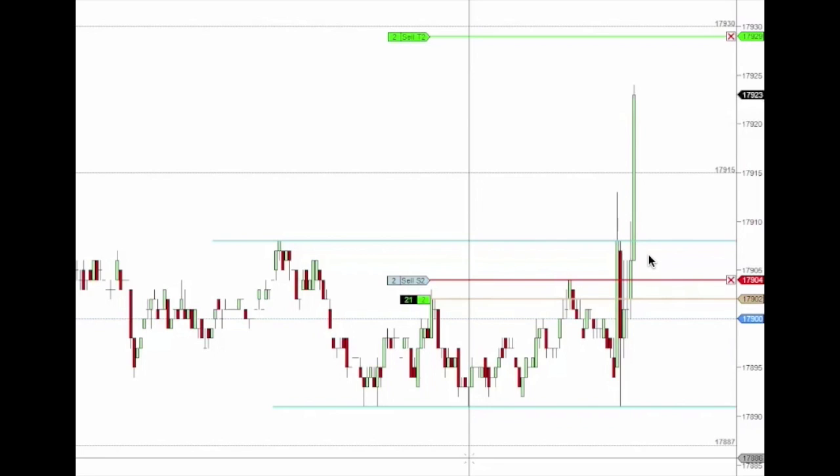And then this huge thrusting candle came in. If you compare this candle to any other candle on this chart, its range is like 3 times that of any other. I'm not talking about these little candles, but take the largest candles, the largest range. You can see that this completely outweighs everything else.